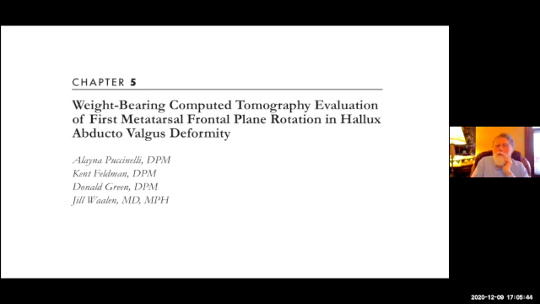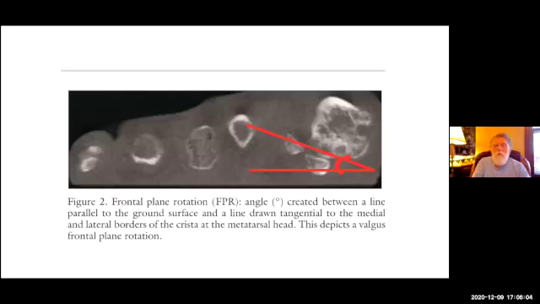And this really started from a study that Pusinelli presented at the Podiatry Institute meeting in San Diego in 2016, where they did some weight-bearing evaluation of the first metatarsal and hallux abductor valgus with computed tomography, measuring the frontal plane rotation of the metatarsal head relative to the ground.